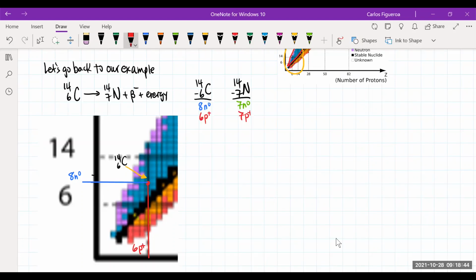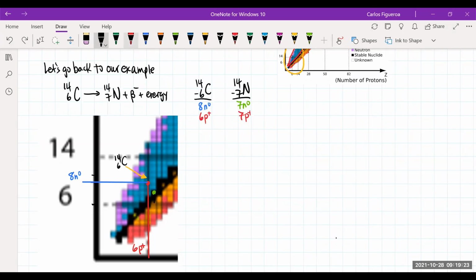So now what it does is it moves to the black line. It reduces the number of neutrons and it increases the number of protons. So now I'm going to draw this thing in red here. This line right here is 6, so I got to be above that.